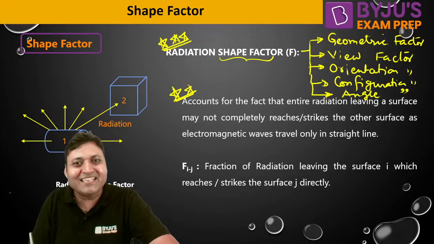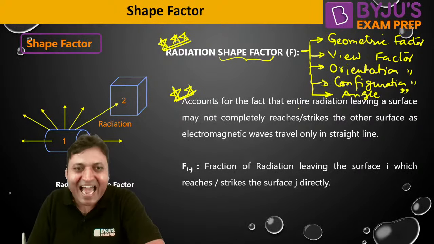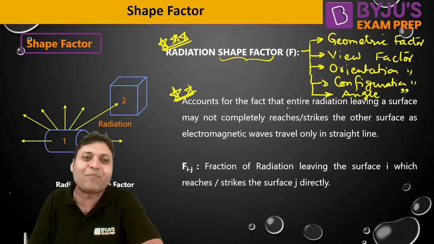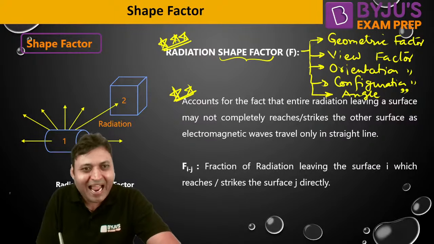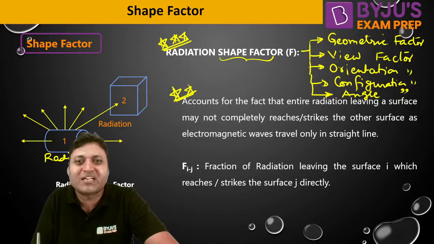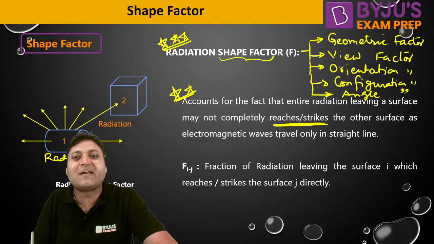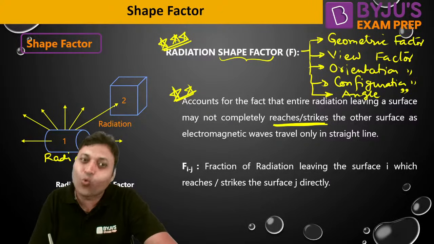So why do we define the shape factor? The reason is it accounts for the fact that the entire radiation leaving a particular surface, the radiating surface, say surface one, may not completely reach or strike the other surface. Why?